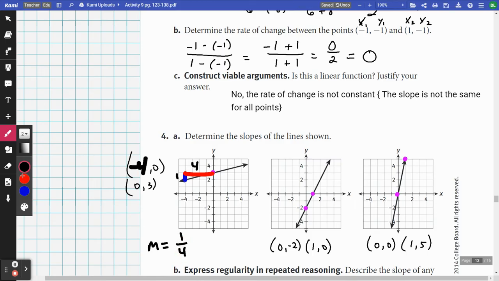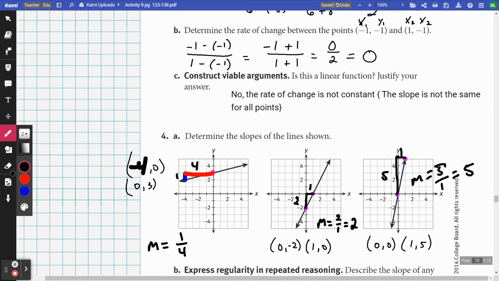For this one, I go up 2 and I go over 1, so my slope is 2 over 1, which is just 2. And for this one, I go up 5 over 1, so my slope is 5 over 1, which is just 5.